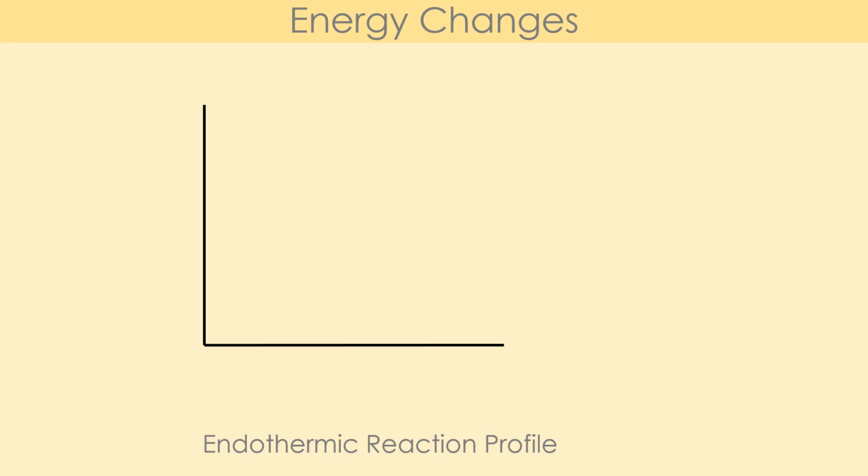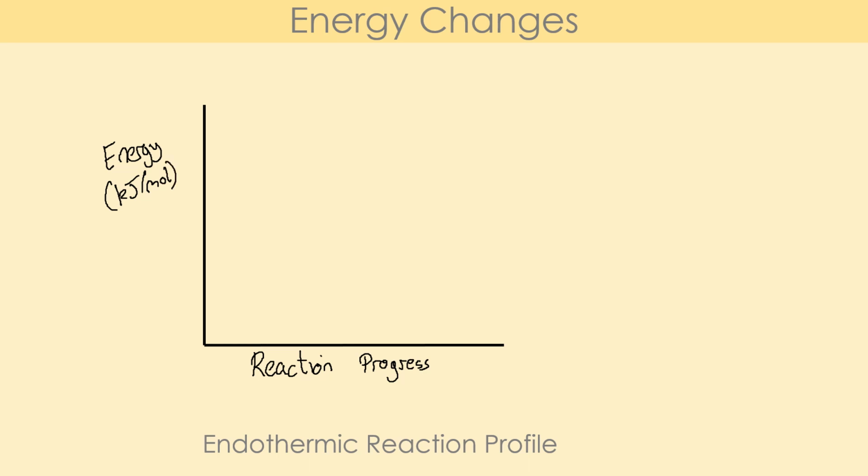We've now got an endothermic reaction profile. Can you remember what the x-axis on the bottom was called? That's right, it is the reaction progress. And our y-axis along the side, that's right, that is our energy, and it is in kilojoules per mole.